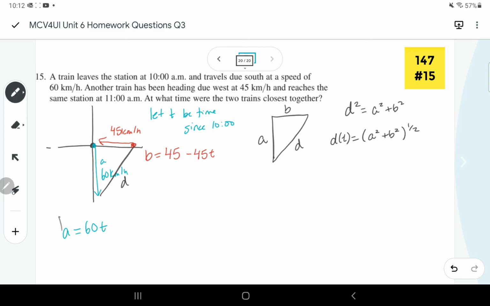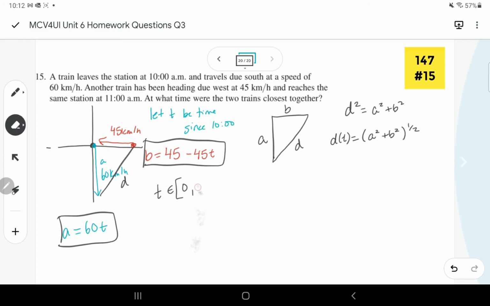So I'm going to sub in what I know about their times, and I want to put restrictions on time. We don't know what was happening before 10 o'clock. So I'm going to say t could be 0, exactly at 10 o'clock, or t could be, let's say, 1 hour, because they're getting farther away.